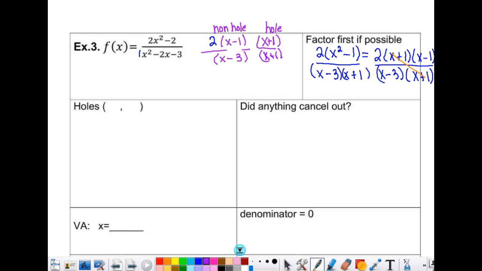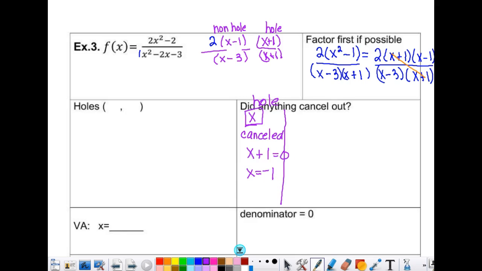So now, how do we find the hole? To find the x of the hole, it's super easy. You take the canceled part, which is x plus 1, and you set that equal to 0. So what is x? Negative 1.